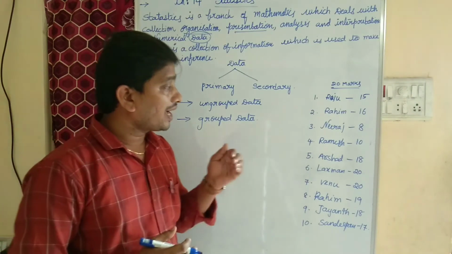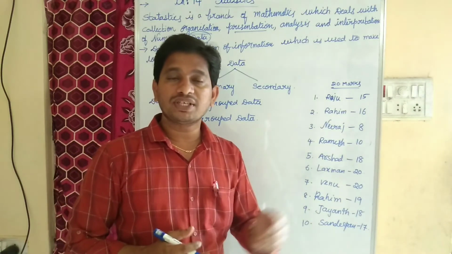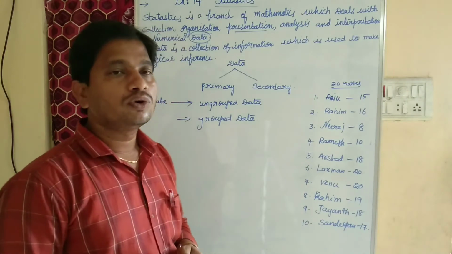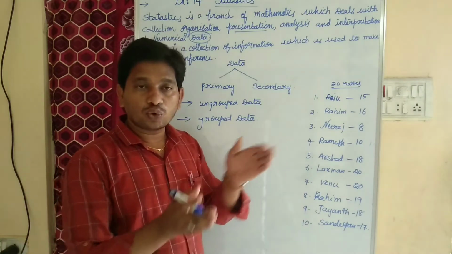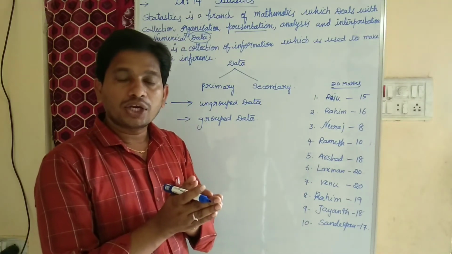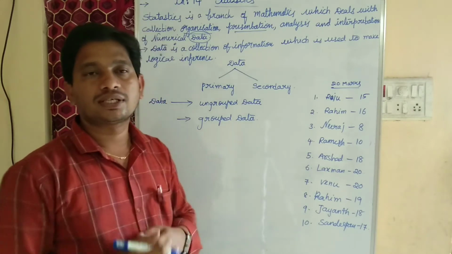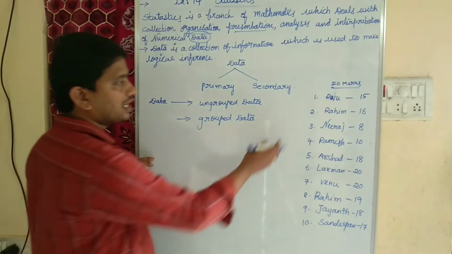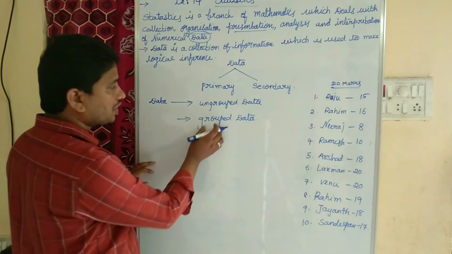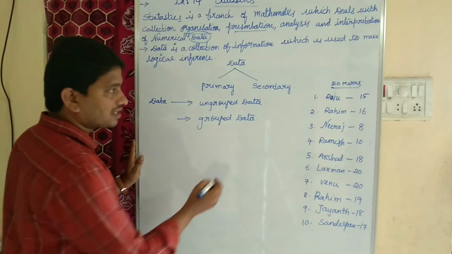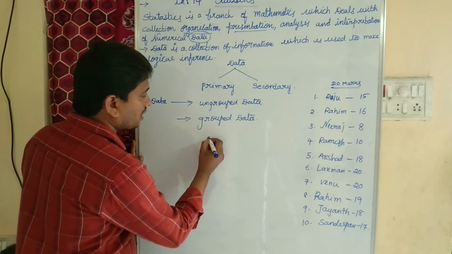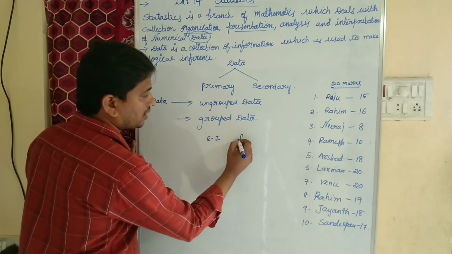So if the data is vast, I mean more information is there, what we can do is group that data into certain class intervals. For example, you see the same data I will arrange in grouped form. For example, the marks between class interval and this is frequency.